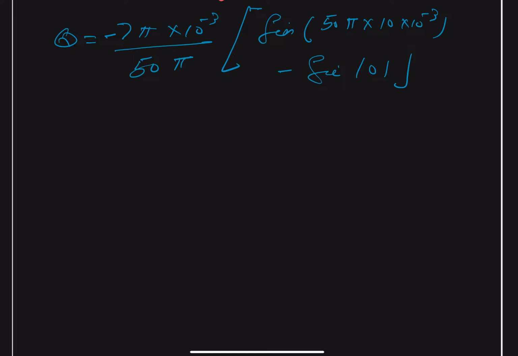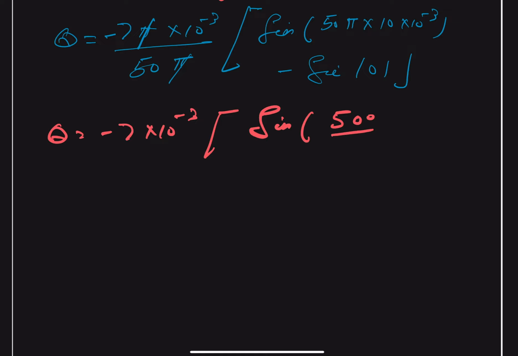So here pi goes with pi, and we are left with q is equal to -7 into 10 to the power -3, and this comes as sine of, this will be over 500 divided by 1000 pi, and this goes with this.